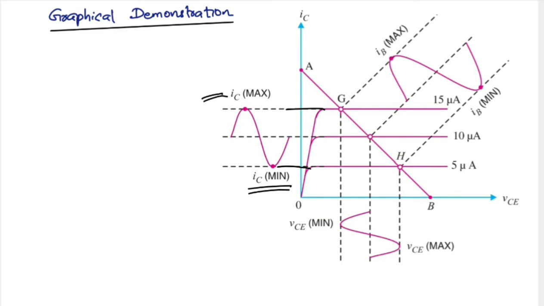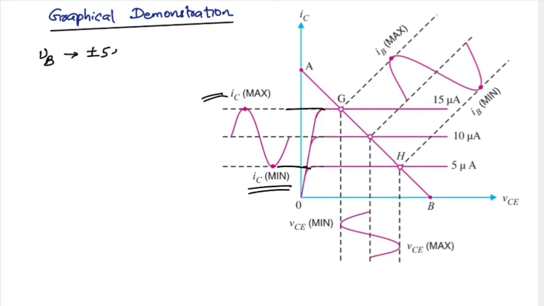Similarly, IB minimum is the minimum value of base current and IB maximum is the maximum value of base current. Here we are plotting the output characteristics with output voltage on the x-axis and output current on the y-axis.